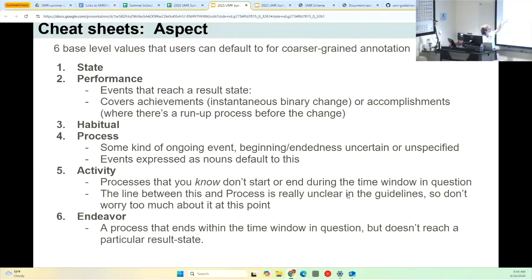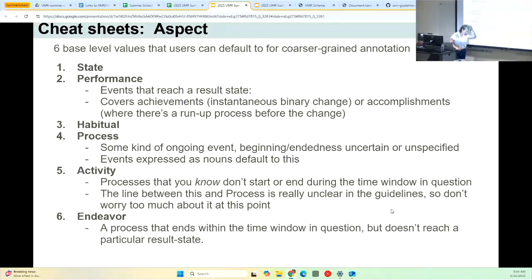Process is the trickiest one because process is the word for any unspecified kind of event. So it's probably what most people would call an event in most literature, and it's just anything that isn't a state, basically. And the important thing to say about that, there are a lot of cases where you have nominalized events.